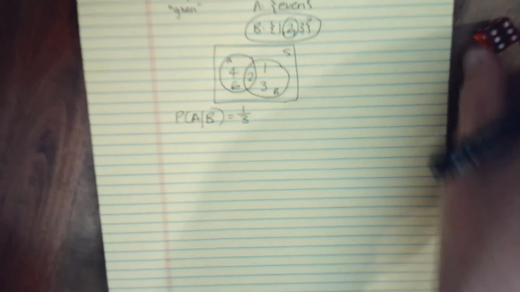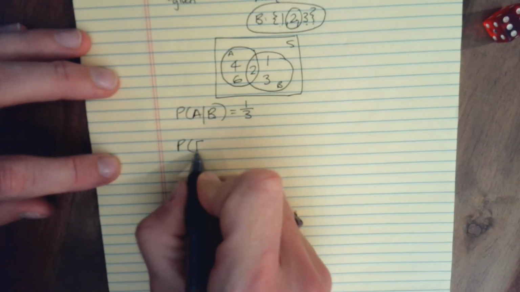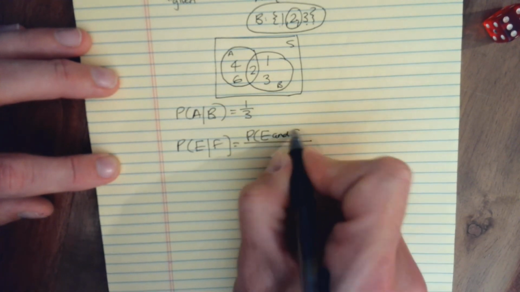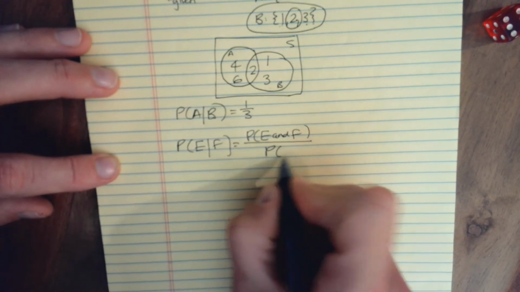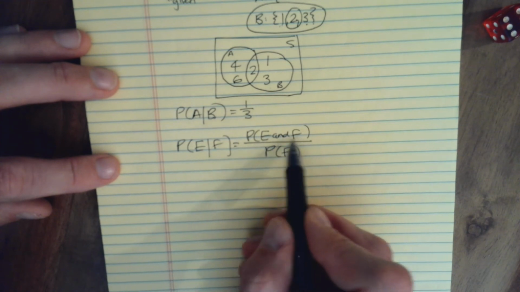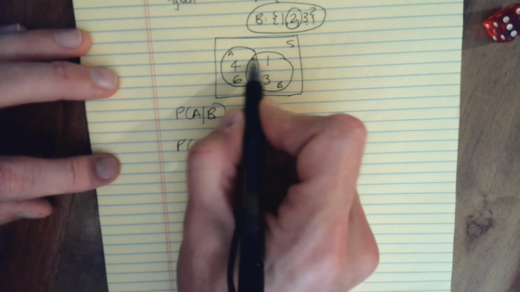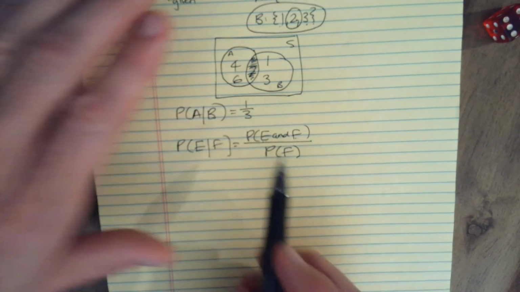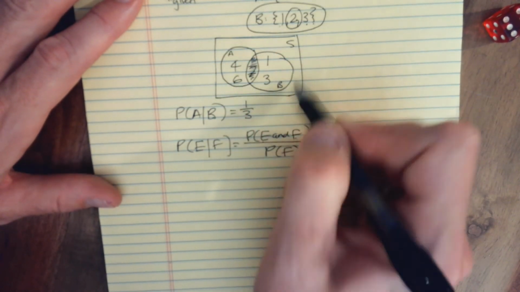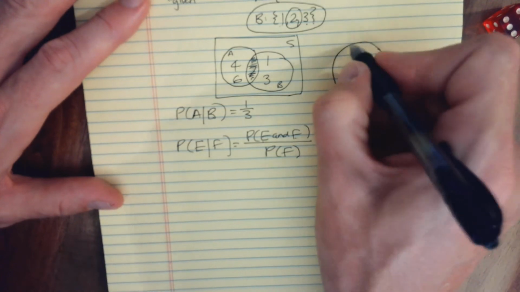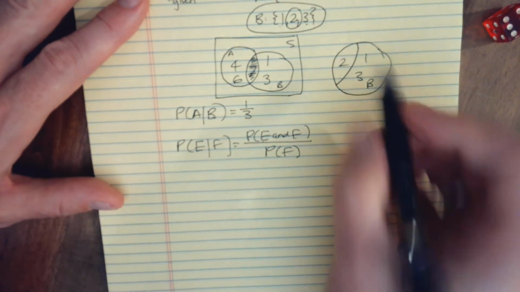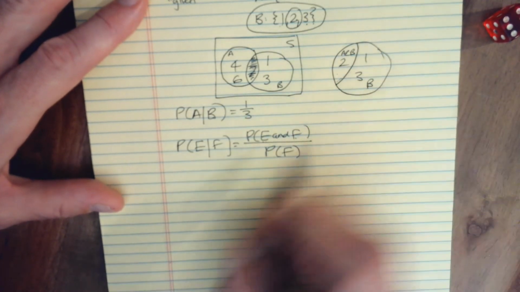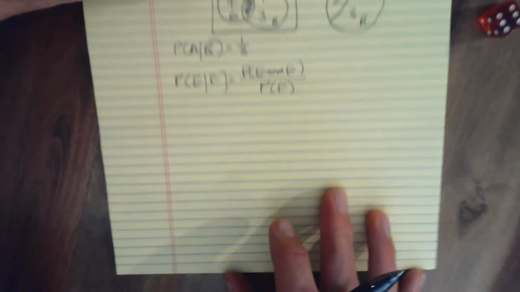The formula that we use, now I'm going to say it generically, is that the probability of E given F is the probability of E and F, that is the overlap, the things they have in common, divided by the probability of F. In the earlier example, I was removing all these options and focusing just on B, and then looking at this part of B, which was A and B, relative to the whole of B. That's what we're seeing in this formula.